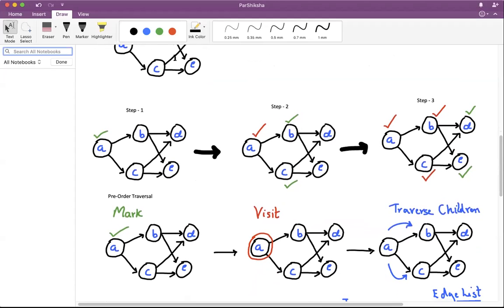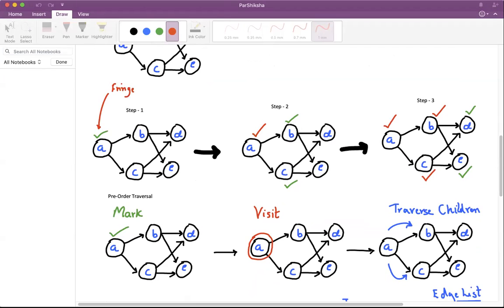So the way we do it is that we start off with something we call fringe nodes. Fringe nodes are nodes that occur on the boundary of the graph itself. We start from these fringe nodes, and then we jump to the next nodes or the children of this set of nodes.